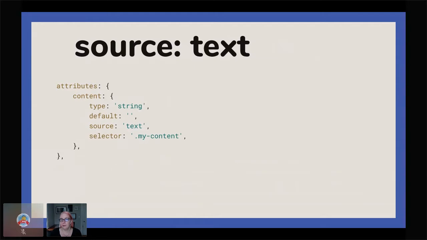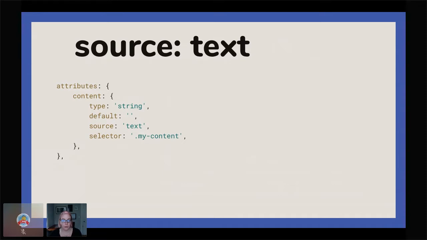The text source can be used for a string of unformatted content, since it strips out any HTML from the code. In this case, we're going to set up a content attribute, and we're going to pull it from the my-content selector. You'll see that I'm using the class name syntax here. You can do that, and it will pull out the correct HTML element from the code.